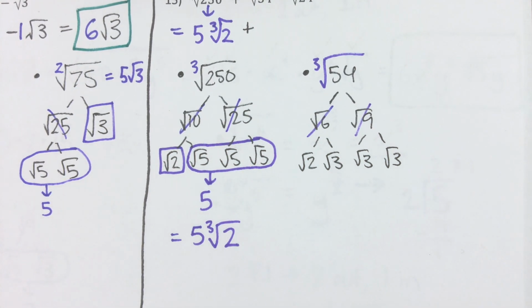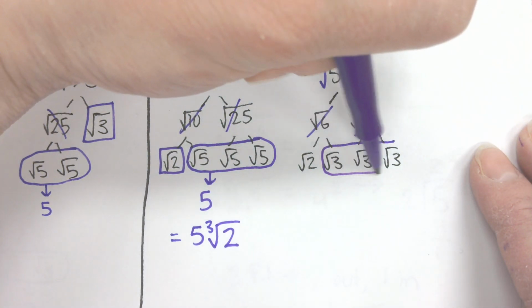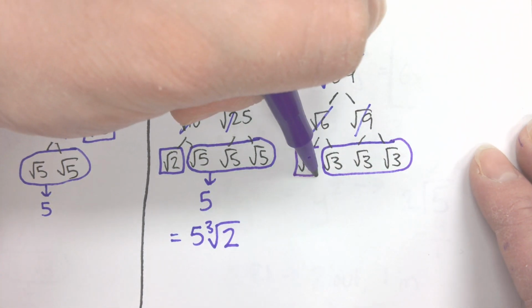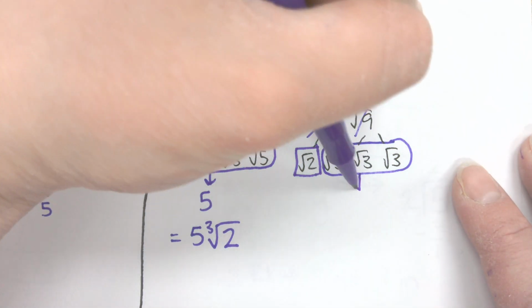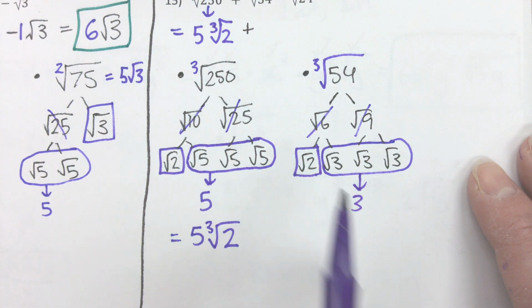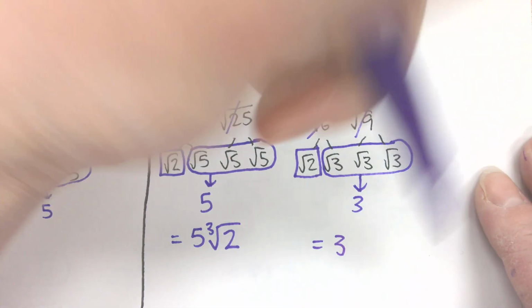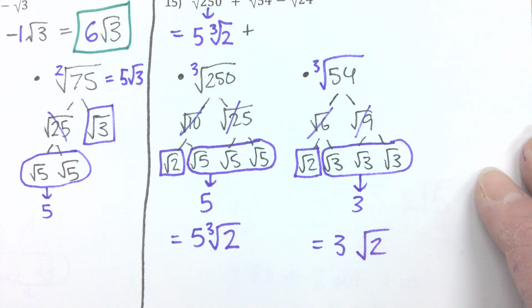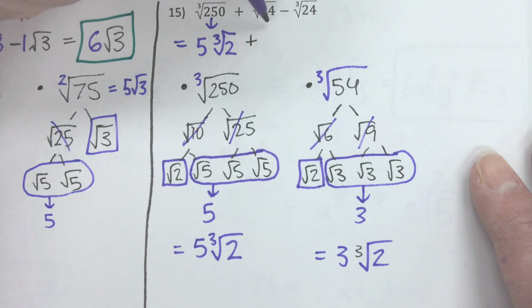And this is what we have left. Groups of 3. I have a group of 3s here and a lonely 2. So the group of the 3 will come out as a 3. The 2 will stay under the radical. So this gives me 3, cube root 2. Replacing above, we have 3 cube root 2.